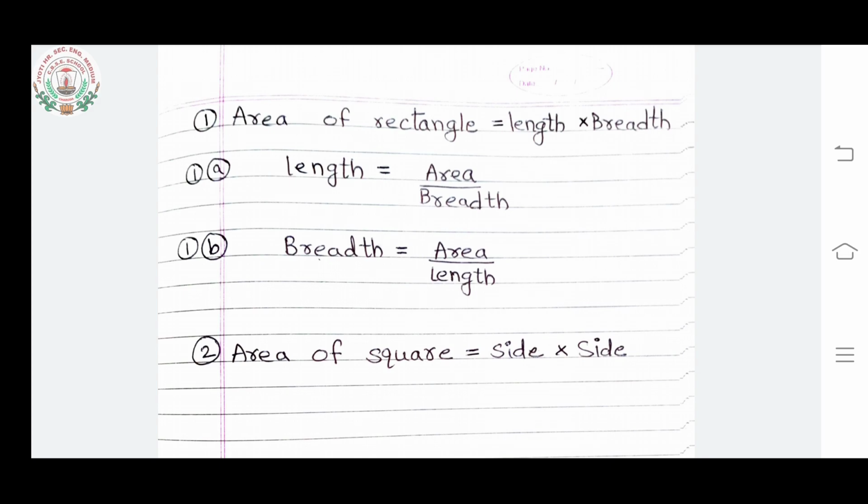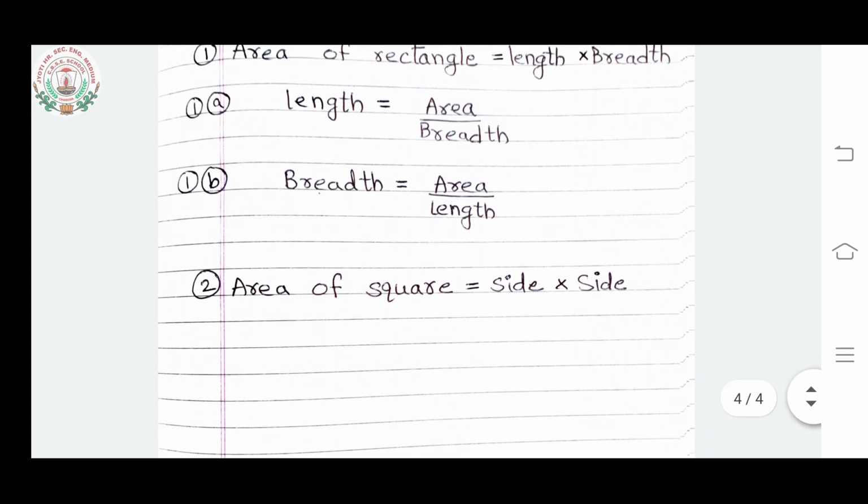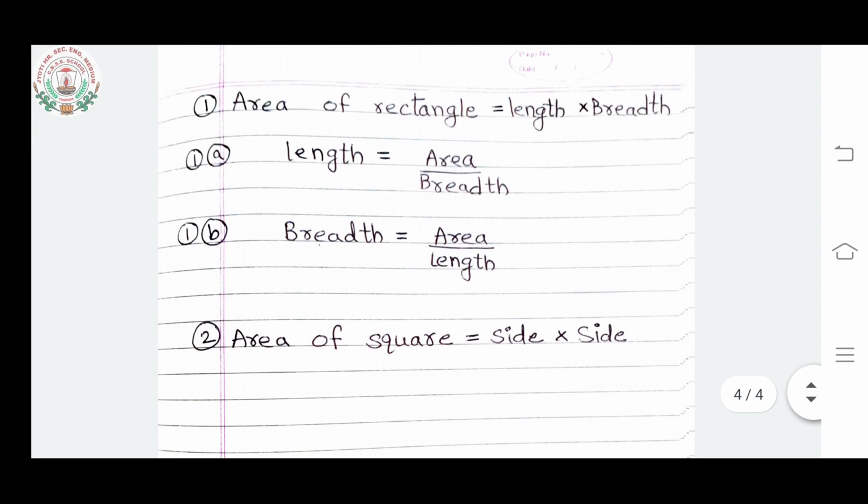So these 3 questions you will solve just in rough copy only and practice that, and we will see in the next video from question number 4 onwards. After that you will get the PDF of the whole chapter after completing this exercise 10.3. Okay, so this much for today's class. Thank you.